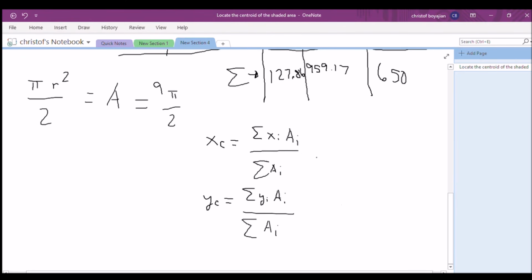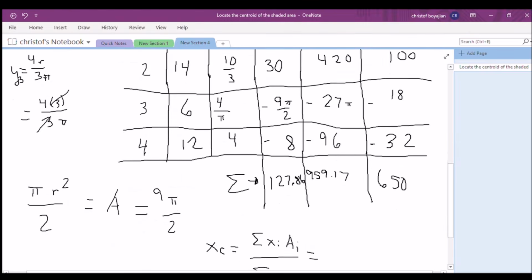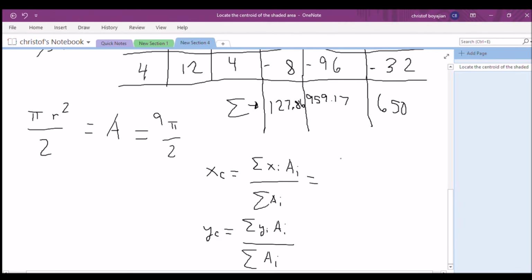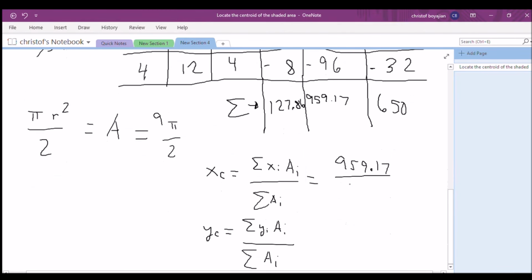So now let's go ahead and plug and chug. So xi ai sum is, let's see, 959.17. We look down at the vertical column, 959.17. And our total area, the sum of all of our areas, is 127.86.